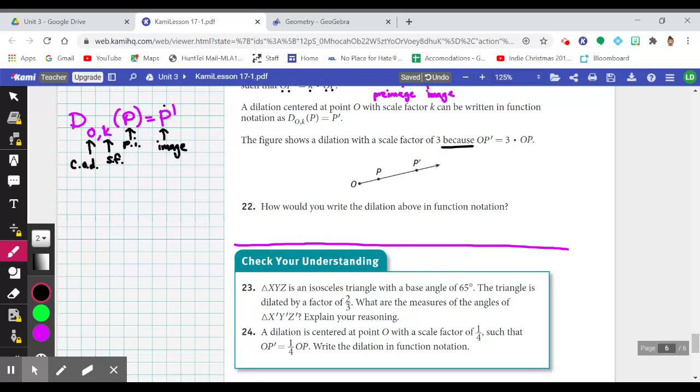The distance from O to P prime is 3 times the length from O to P. So if we call the distance from O to P x, the distance from O to P prime would be 3x. That's what we were observing on GeoGebra.